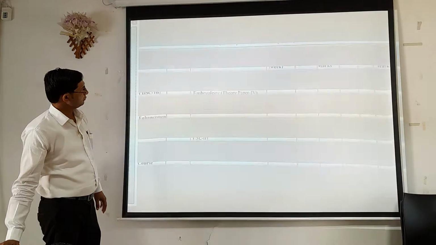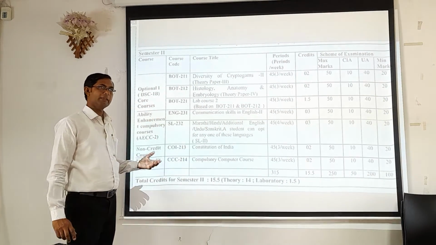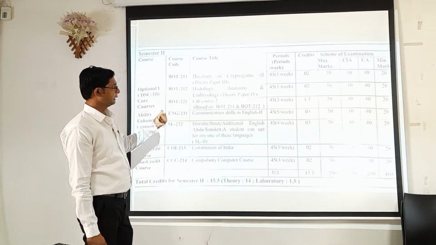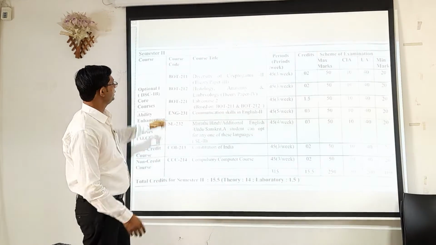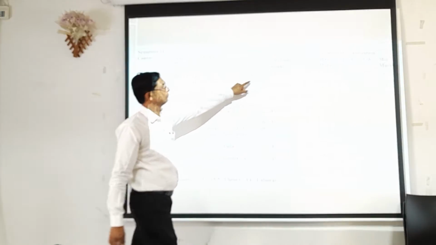Now this is semester 2. The same thing is there as in the first semester. The second semester also has a paper, that is BOT 211, diversity of cryptogams 2.